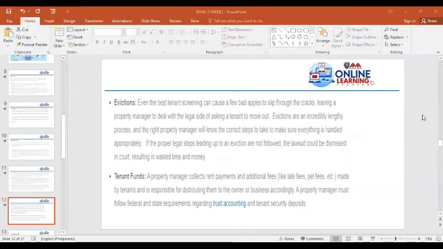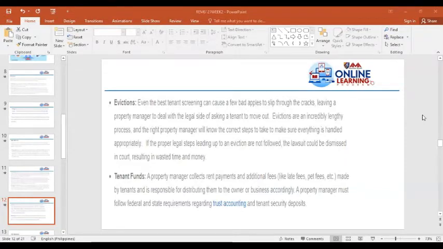Next is evictions. So even the best tenant screening can cause a few bad apples to slip through the cracks, leaving a property manager to deal with the legal side of asking a tenant to move out.